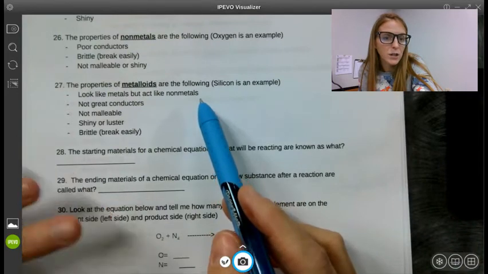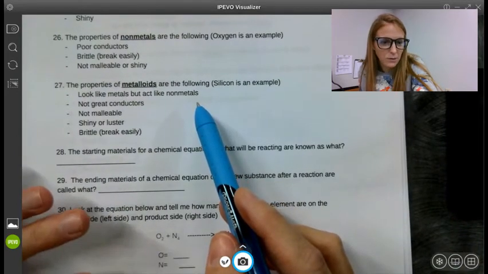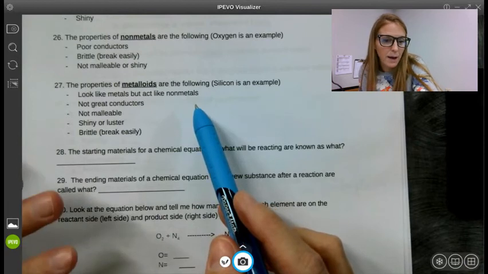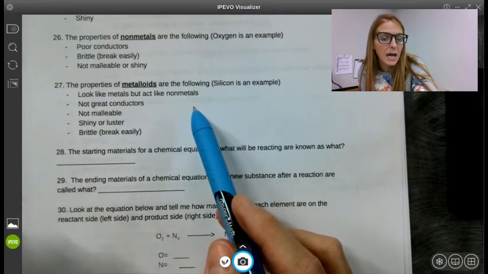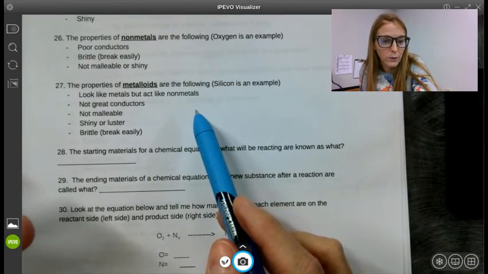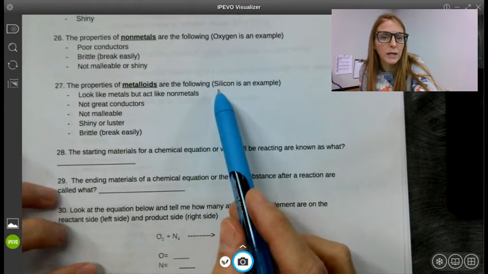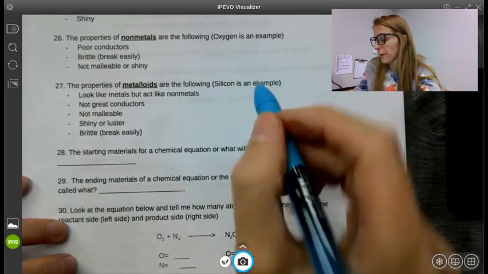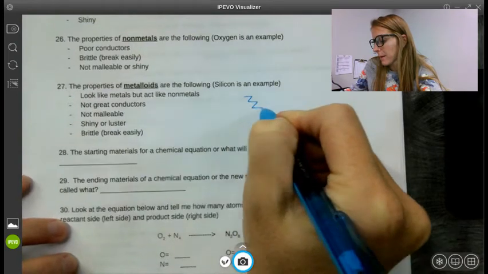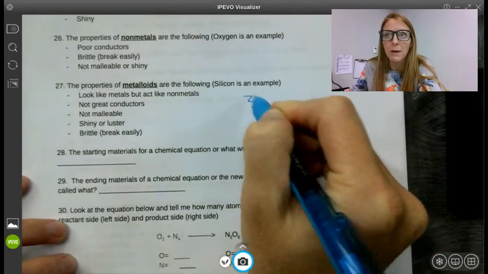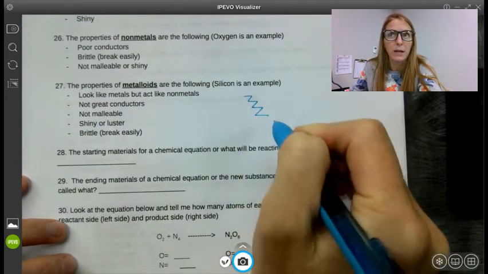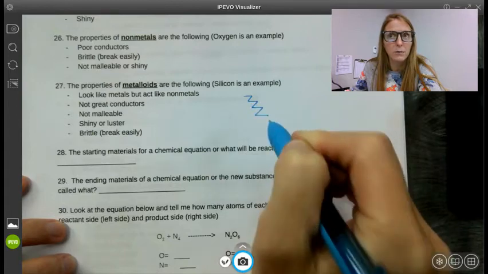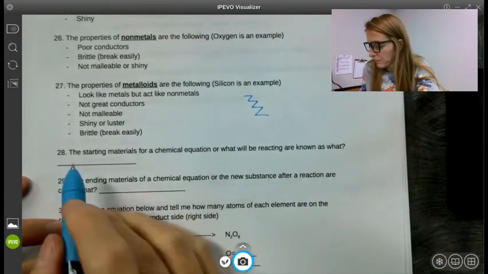That's going to look like metals, but they act like nonmetals. They're not great conductors, they're not malleable, but they can be shiny and lustrous, but also brittle. If you look at the periodic table, there's the step that goes down. That's separating those metalloids out, so you can see them.